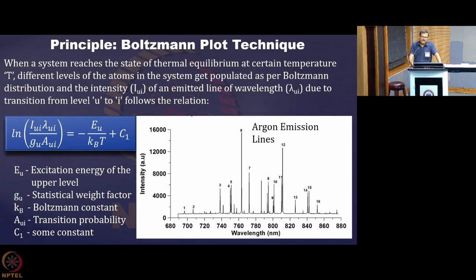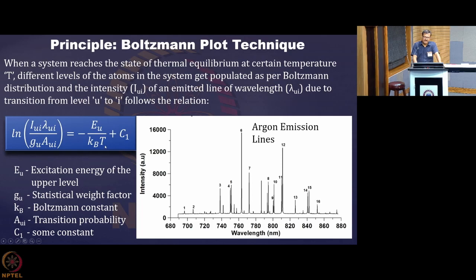Those are the other primary influencing factors. So, finally, if you take the accurate expression of the intensity as a function of the energy of the upper energy level from which the transition is taking place, the exact expression looks like this.